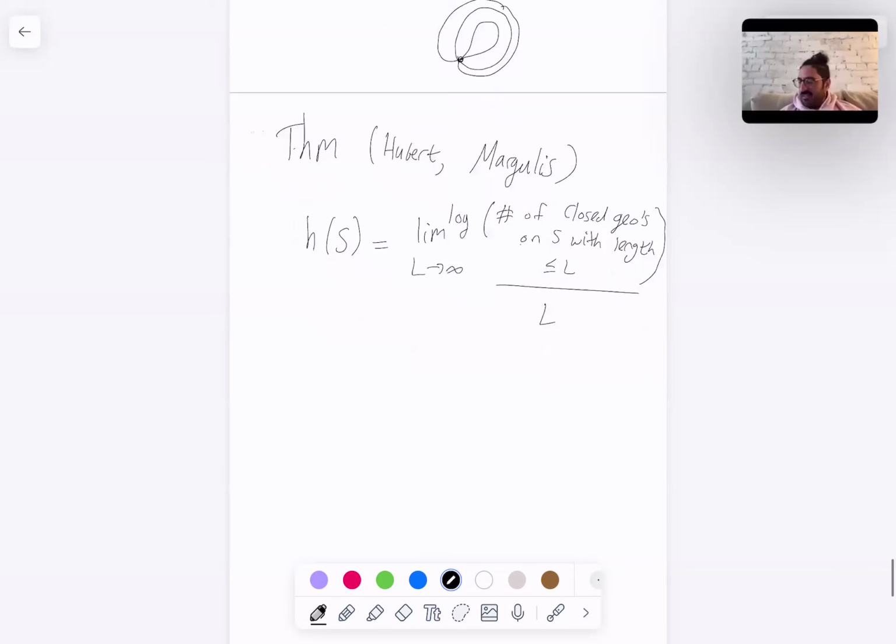The result is that this limit not only exists, but it doesn't depend on either the metric or the topology. It's actually always one. This is a miracle of hyperbolic geometry.